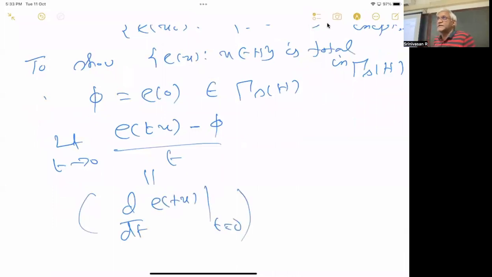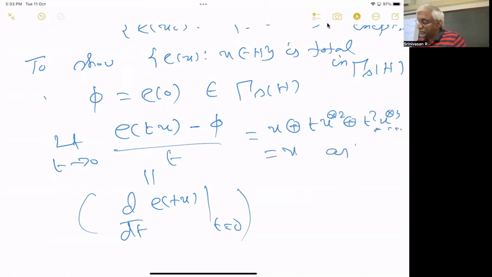It's a direct sum starting with phi, so you have removed the phi, and then it will start with tu, tu tensor 2, tu tensor 3. But you are dividing by t, so it will become u direct sum tu tensor 2 direct sum t square u tensor 3, like this. This is equal to u as t going to 0.